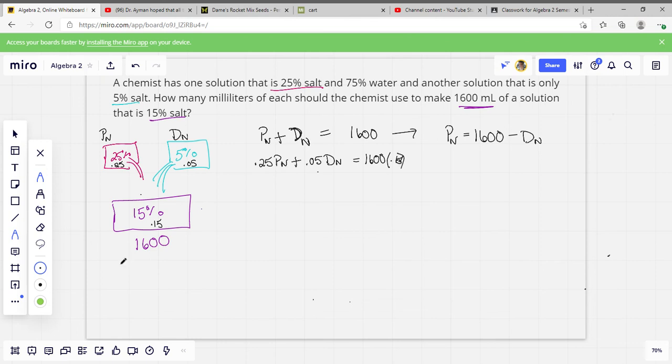Alright, so then I need to multiply that out. So 1,600 times 0.15. 5 times 6 is 30. 5 times 1 is 5. 6, 7, 8. Add them up. 6 and 8 is 14. 24. Bring my decimal, 240.